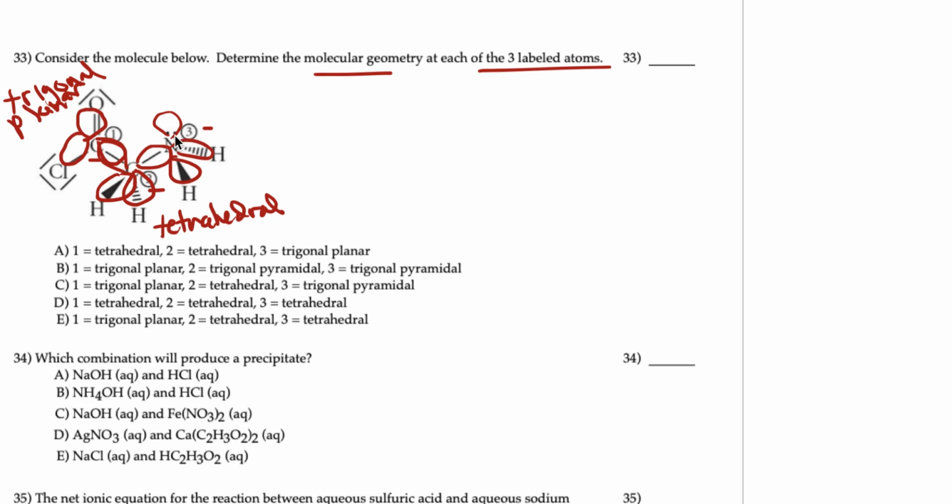So that's going to give us a trigonal pyramidal molecular geometry. So we have trigonal planar, tetrahedral, and trigonal pyramidal. So the answer here is C.